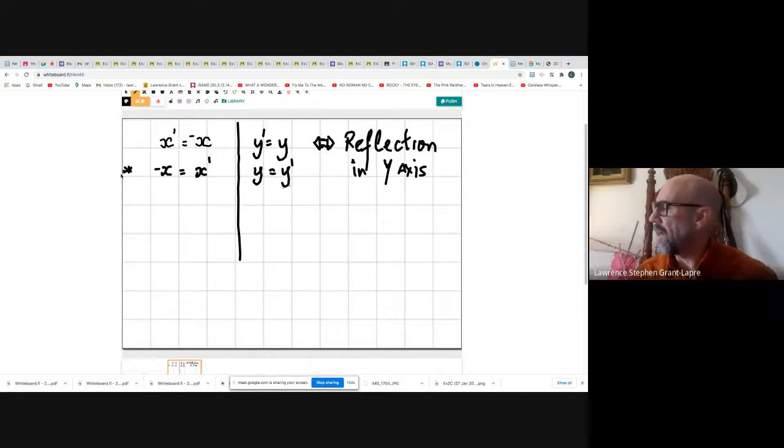All I did was I moved it around to get x on its own. And a reflection in the y-axis says that the x becomes negative and the y doesn't change. And I've just put x on its own here. No, actually, I didn't put x on its own. I just moved it around and put this on the right-hand side. That's all I did. All right? Okay.